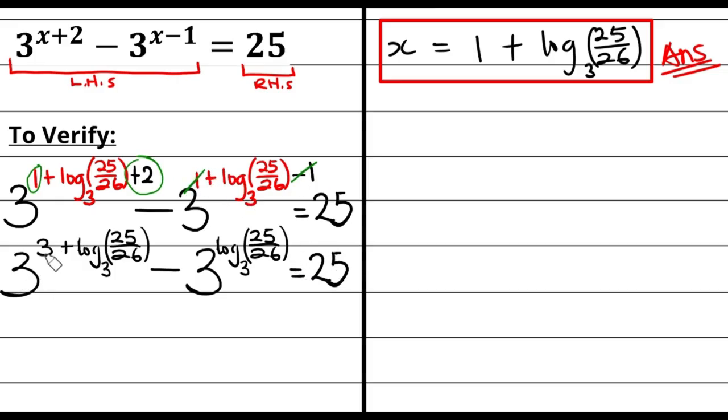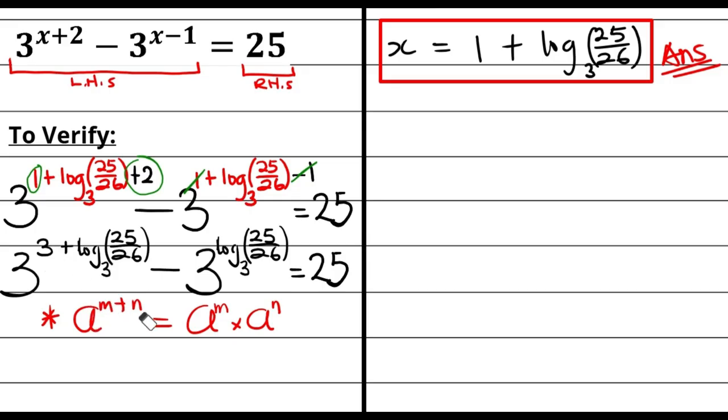Now 3 raised to the power of 3 plus this log is going to need an index rule here. That is, if we have a raised to the power of m plus n, this can also be written as a raised to the power of m, multiplied by the same base a raised to the power of n. This format is exactly what we have here.